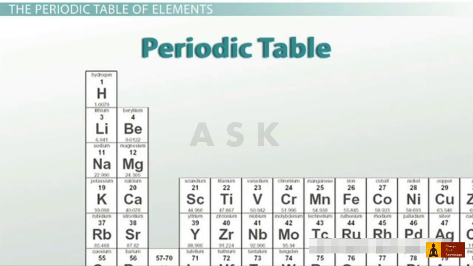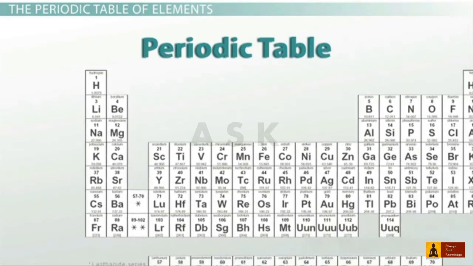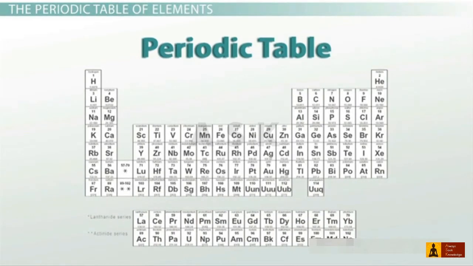So this is a very convenient, organized way for chemists and biologists to reference the elements so that you don't have to actually memorize everything about every element. And as we'll find out, the way that these elements are organized into columns and rows is going to tell us a lot about individual characteristics of the elements just based on their location in the table.